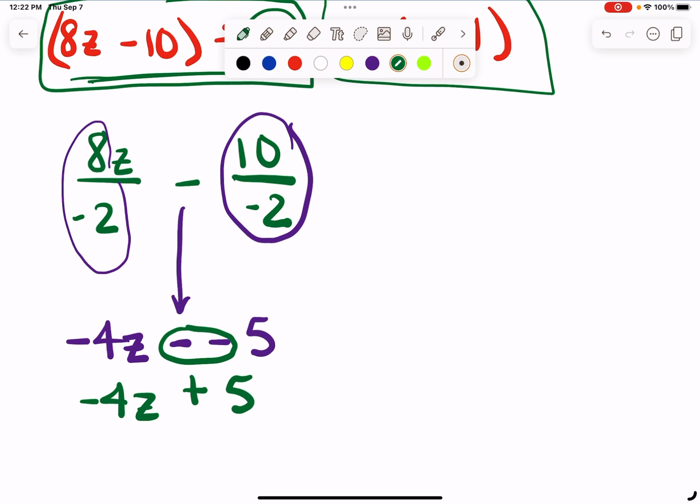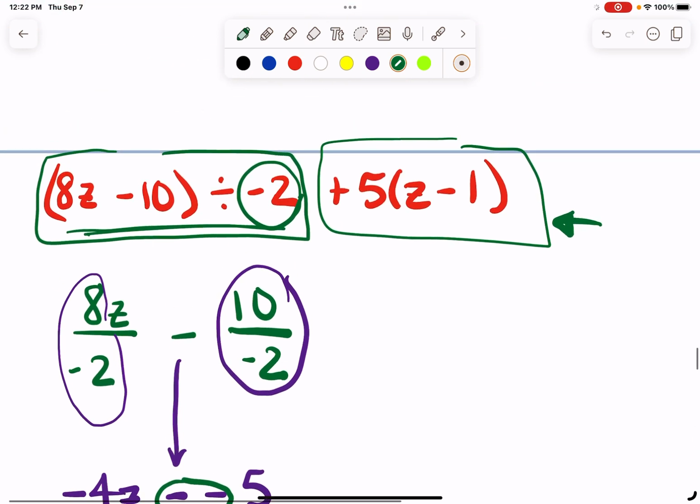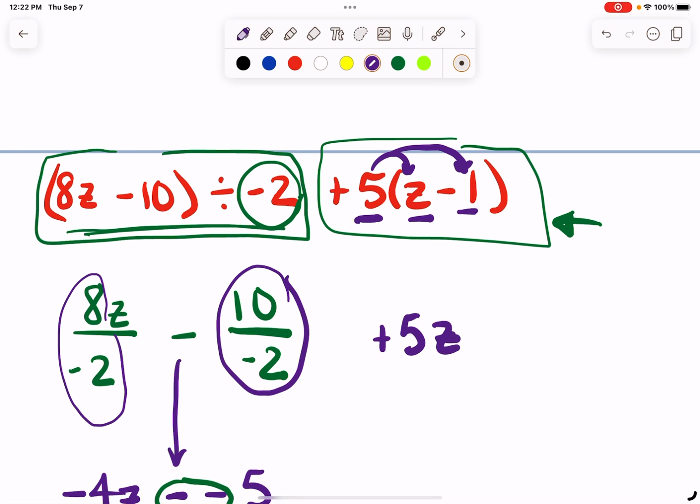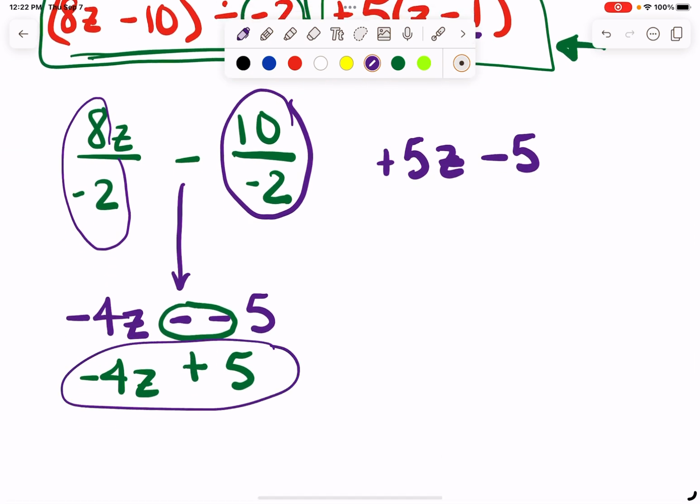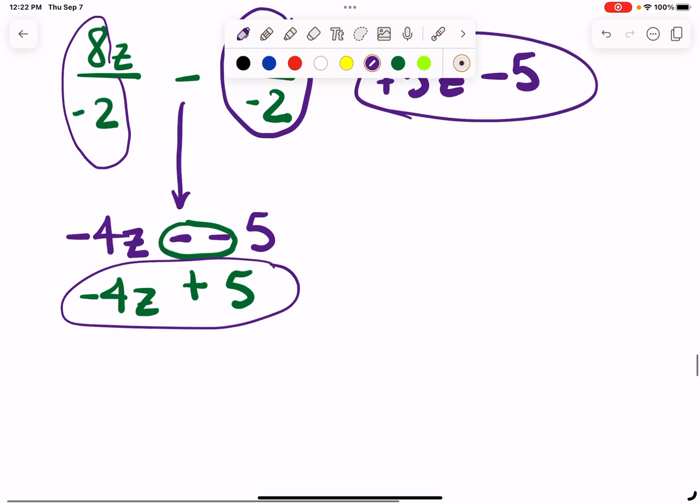So I'm going to keep that there, and then I'm going to have to go back up to this part up here that I haven't done. So on this other part, if there's a 5 in the front, you're really just distributing that. So 5 times z is positive 5z. 5 times -1 is -5. And then I would take these two and put them together.